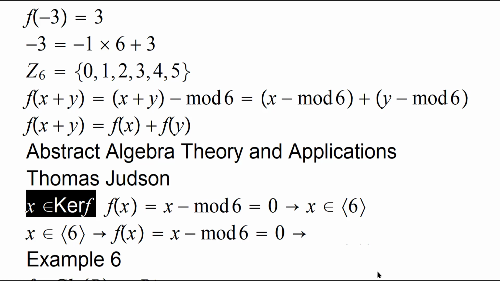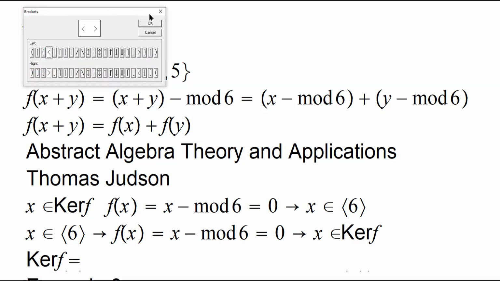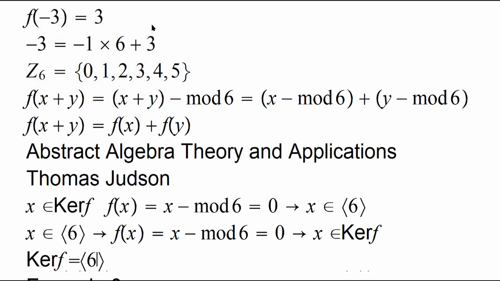So we have it both ways. So the kernel of f is how much here? Just the cyclic subgroup of Z that is generated by the powers of 6.